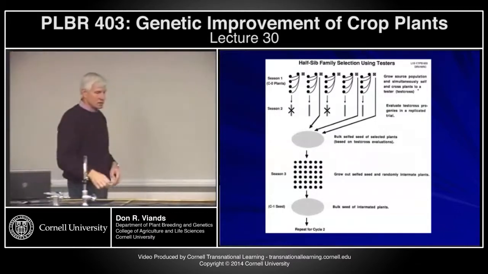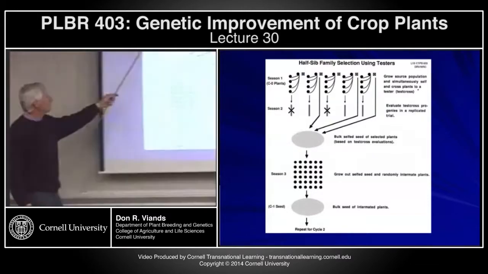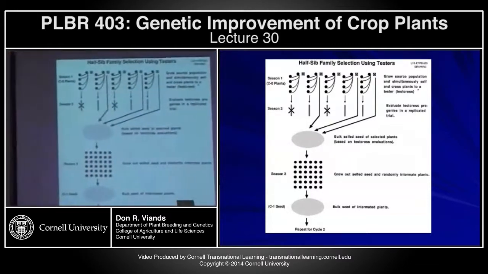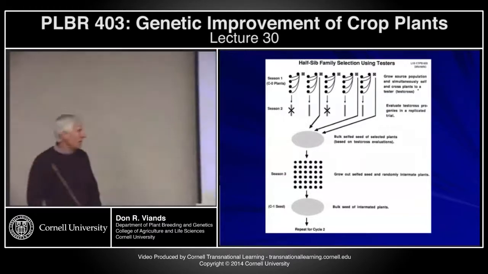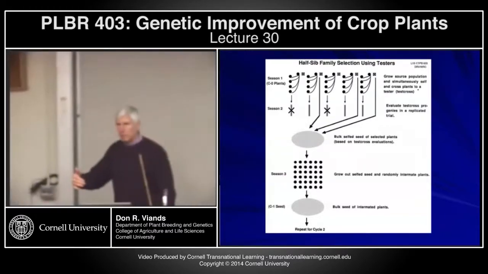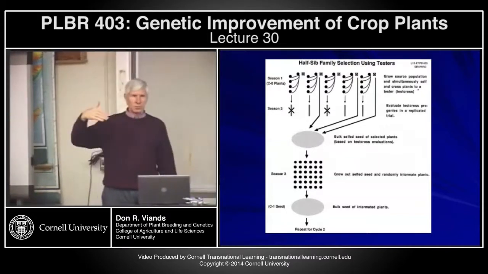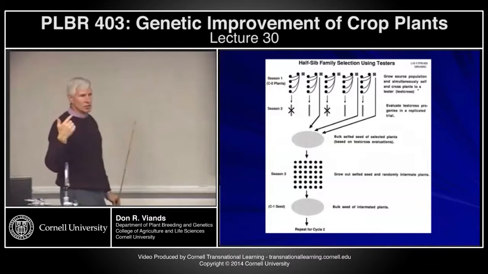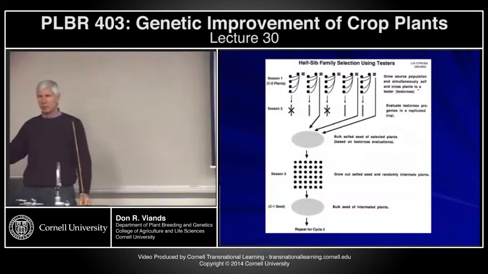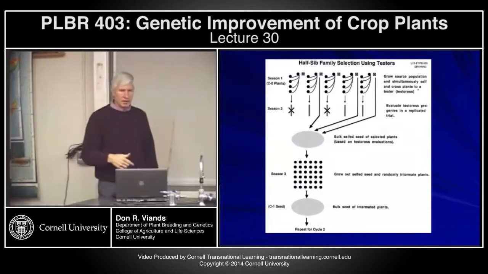So you go to our standard method of producing self-seed on each one of these plants in the target population. Then in season 3, you grow out the selves of those plants that produced the superior half-sib progenies, and those selves get interpollinated to get genetic recombination and to produce your cycle 1 seed. And then you can start the process all over again.